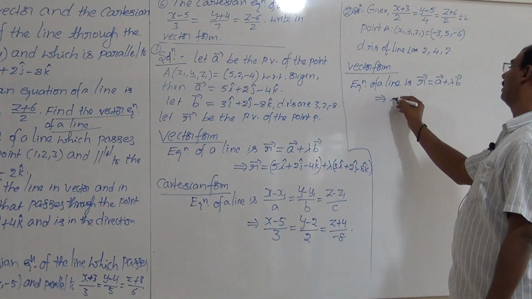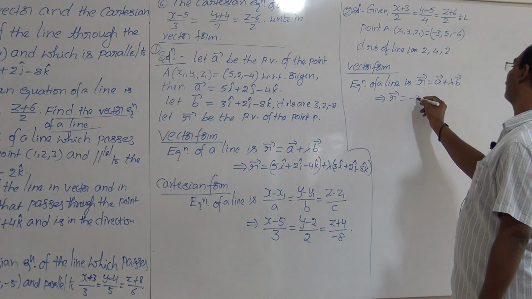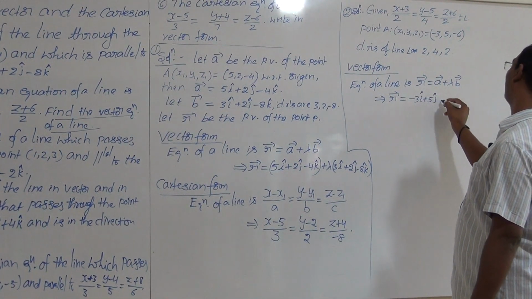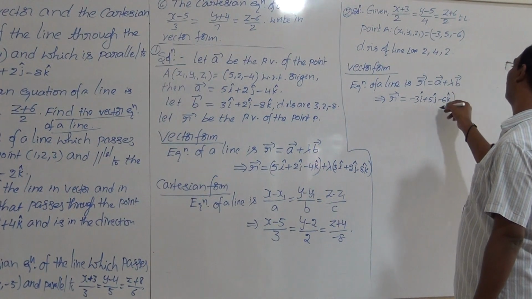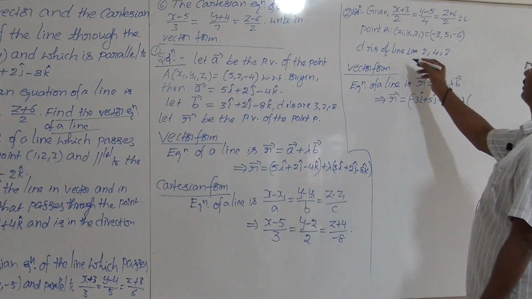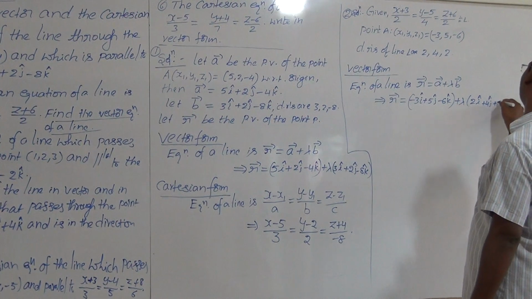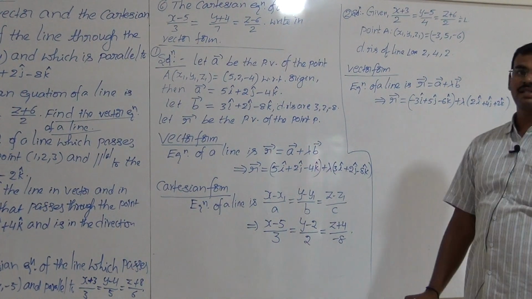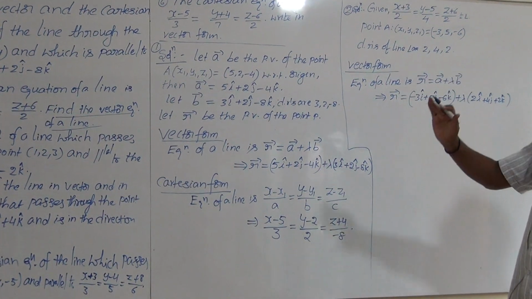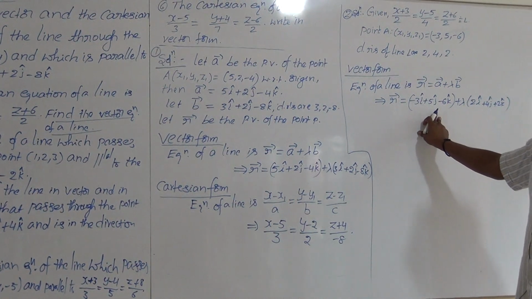Substitute here: R bar is equal to A bar, the vector in vector form, minus 3i plus 5j minus 6k, plus lambda times B vector, the parallel vector 2i plus 4j plus 2k. This is the equation of a line in vector form. Cartesian form given, convert into vector form. Vector form given, convert into Cartesian form.